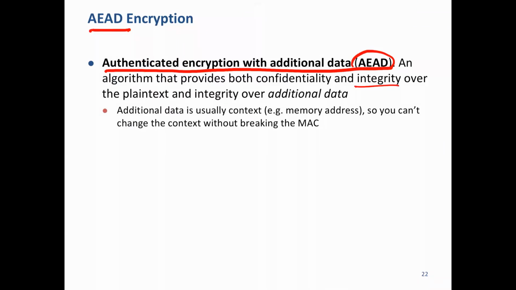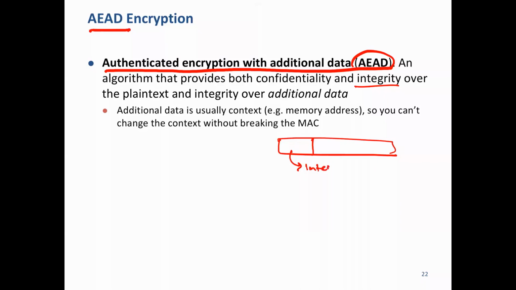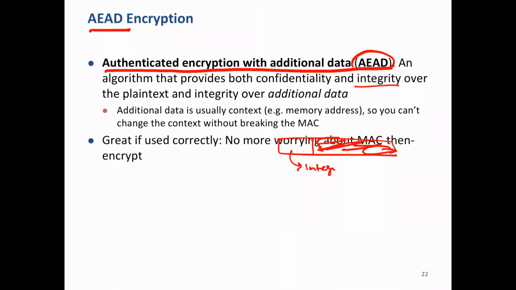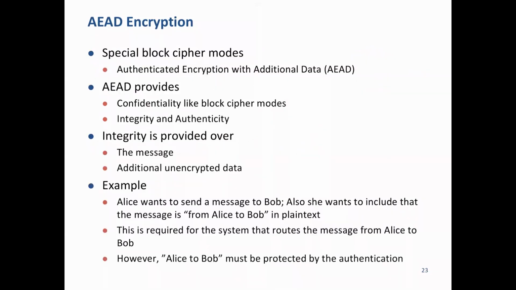So this is a method to provide confidentiality and integrity to, say for example, something like IP packet, where for certain part you can provide only integrity, but the rest of this can be encrypted. All right, okay, that's the concept. Now there are methods available for this one.